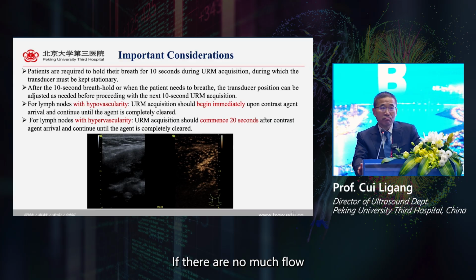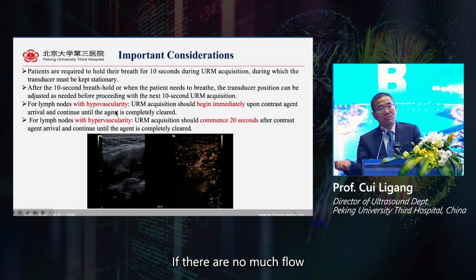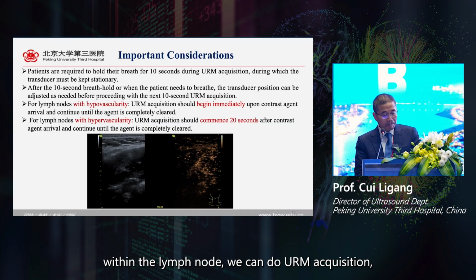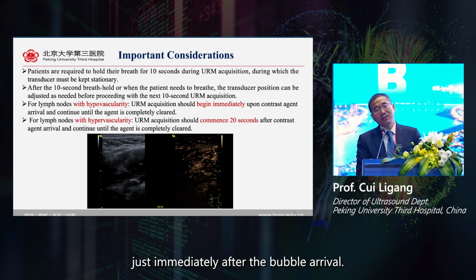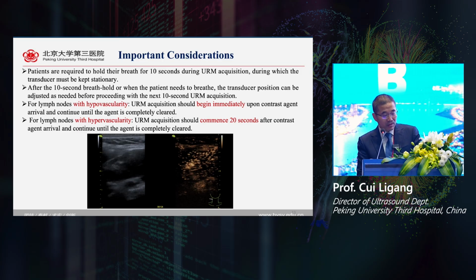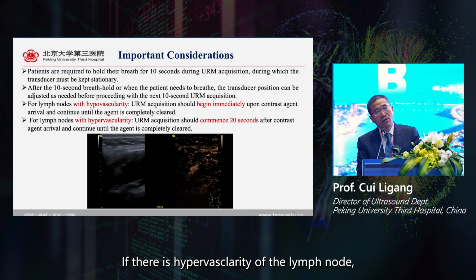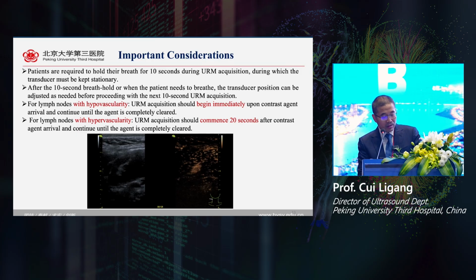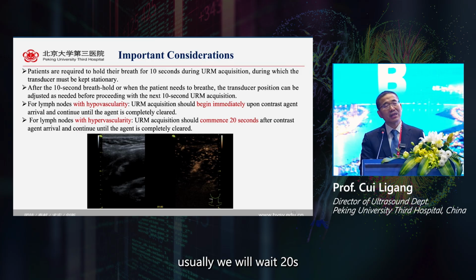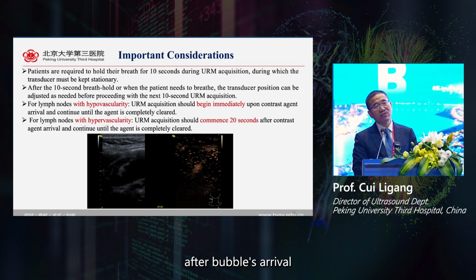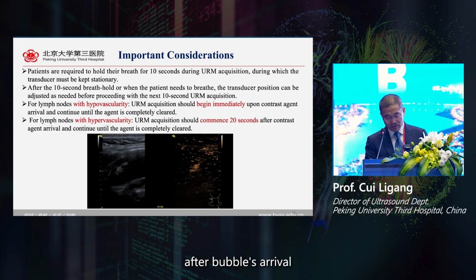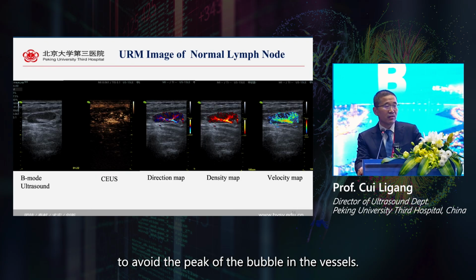If there is not much flow within the lymph node, we can do URM acquisition immediately after the bubble arrival. If the lymph node is hypervascular, usually we will wait 20 seconds after the bubble's arrival to avoid the peak of the bubbles in the vessels.